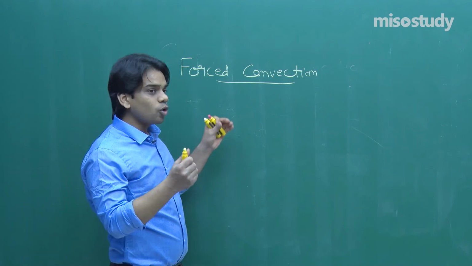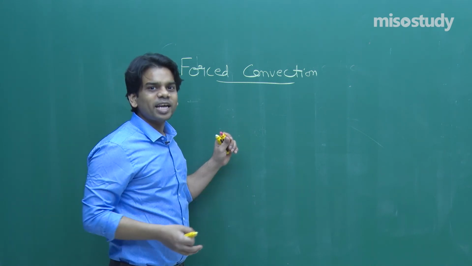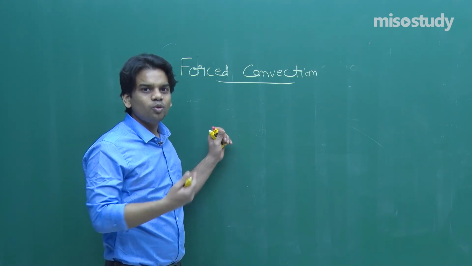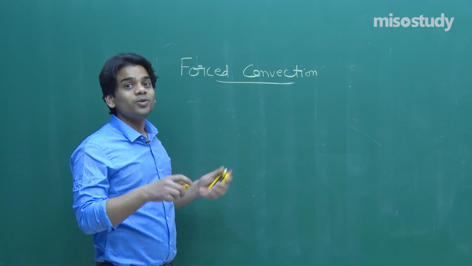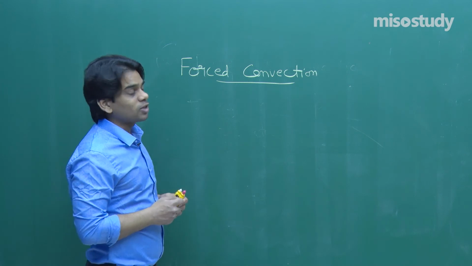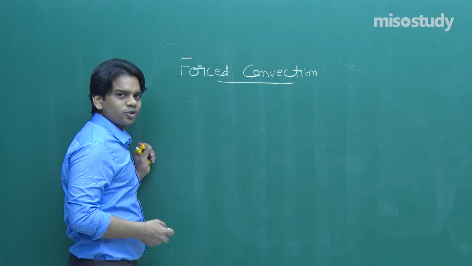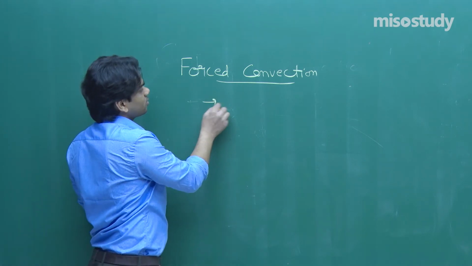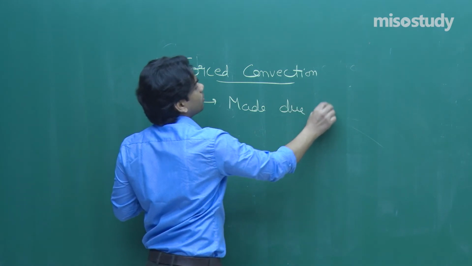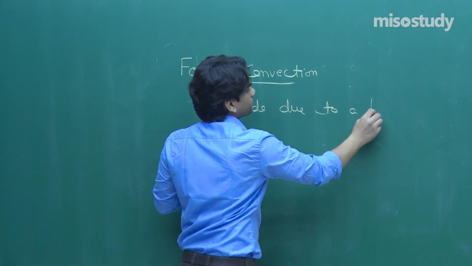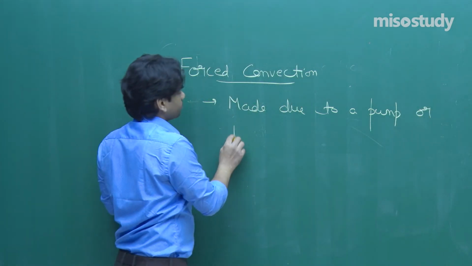Even though the pressure at the colder part will be high, you are making the warmer air move from low pressure to high pressure, because you are using a pump or a blower to pump the warmer air from the region of low pressure to the region of high pressure. That means a motor is used.